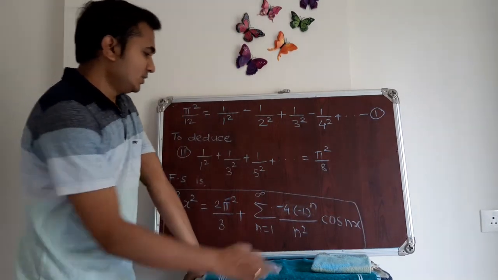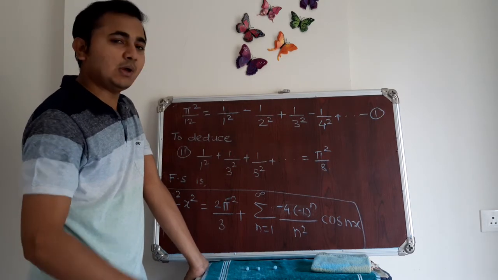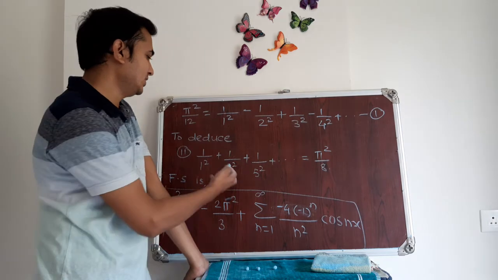Note that for x equal to 0 we have got this, so we need to look at another value of x for which we'll get this.